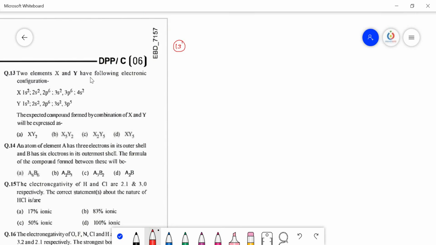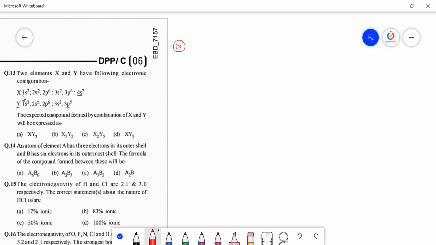Let us solve question number 13. Two elements X and Y have the following electronic configuration. The X element electronic configuration ends with the 4s2 configuration, whereas the Y element electronic configuration ends with the 3p5 configuration. This means Y needs one more electron to get a complete electronic configuration.